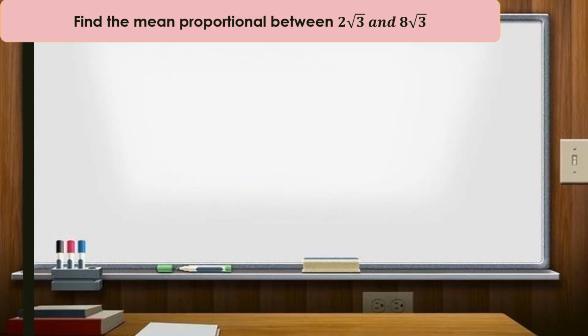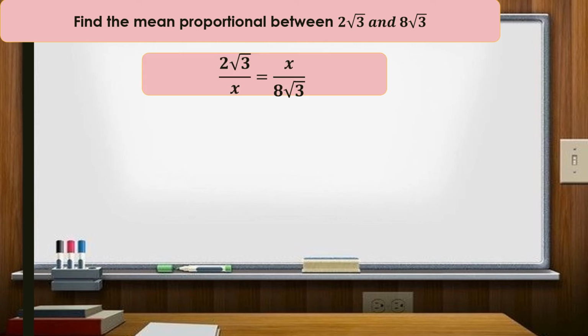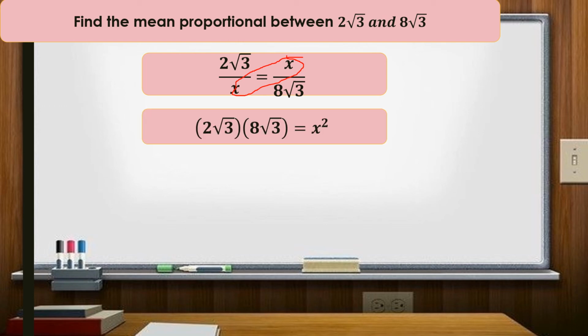Find the proportional between 2 square root of 3 and 8 square root of 3. That is the mean proportional, because we are asked to find the middle. We write that here. After that, you need to cross multiply to get x. 2 times 8 is equal to 16.